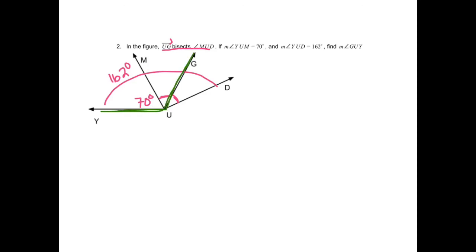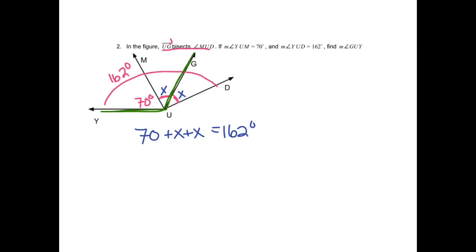Okay, so I know that one piece of it is 70, but I need to know what this is over here. Luckily, because it's a bisector, these can be the same variable because they equal the same measure. So what I can do is I can make 70 plus x equals 162, and that's using the angle addition postulate.